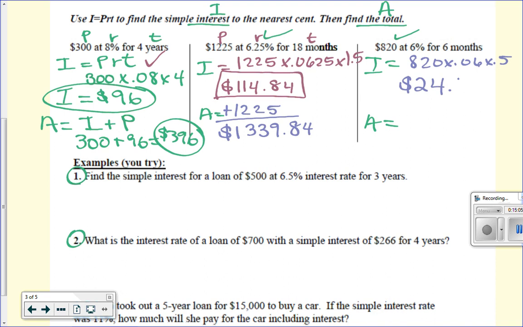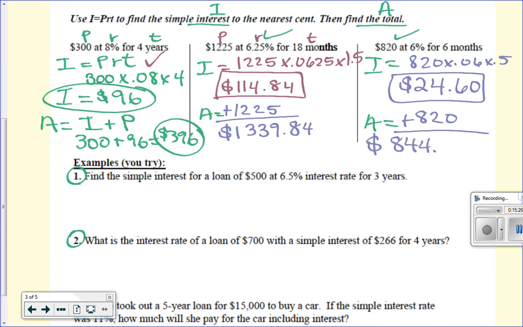Good, $24.60. Questions, clarify anything so far? We're gonna be finding interest, and then how are we gonna find the total amount? Good, add $24.60 plus your principal amount, and what is your total?